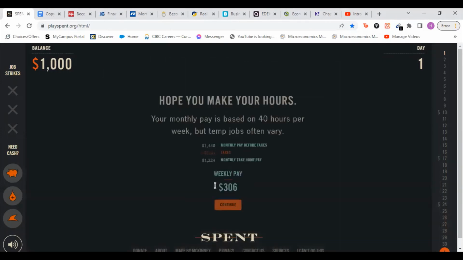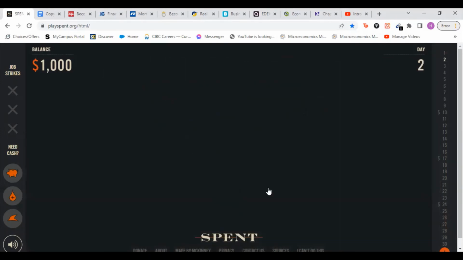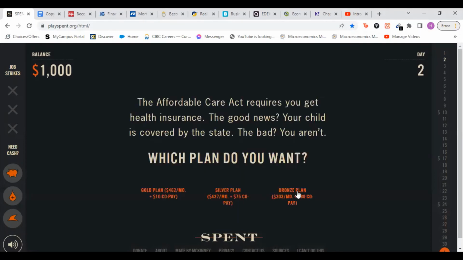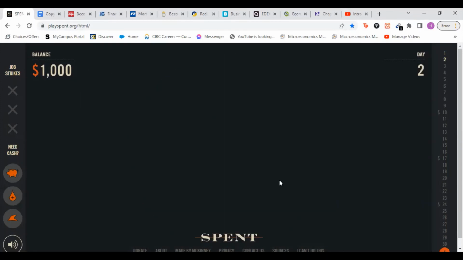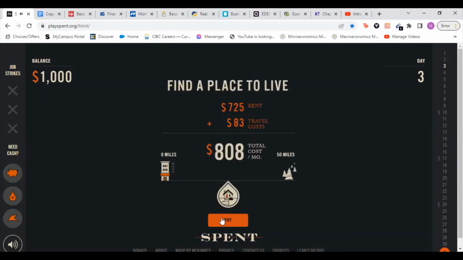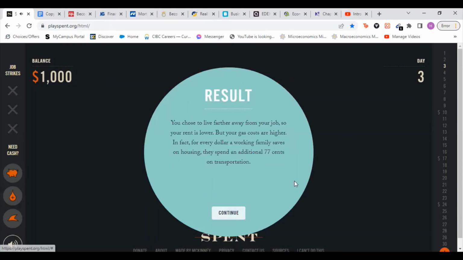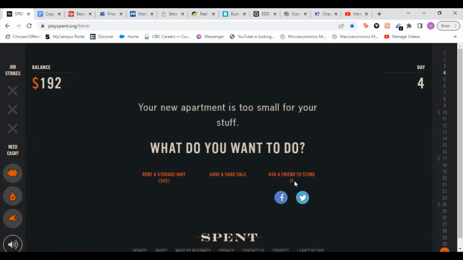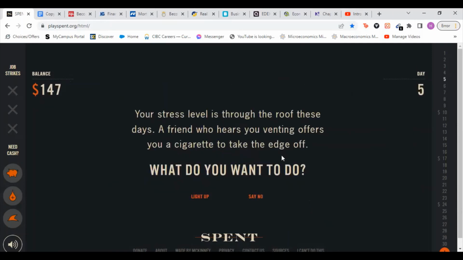Okay, we'll try this. The Affordable Care Act requires you get health insurance, so let's get the bronze plan. Then a place to live, $808 a month. Then your new apartment is too small for your stuff, so rent a storage unit. Stress levels are through the roof these days.